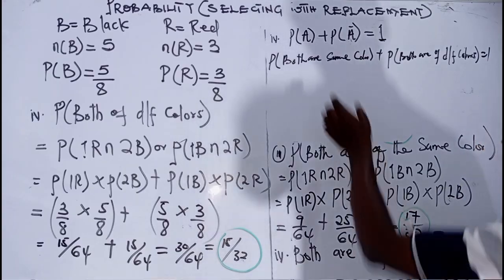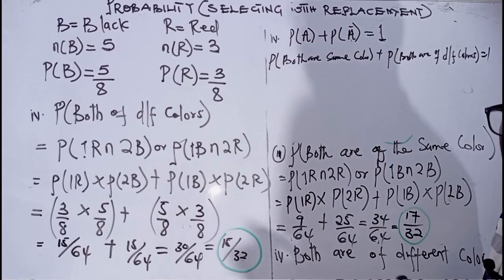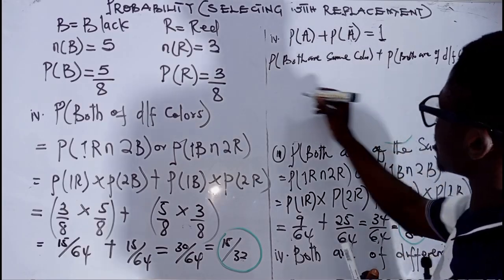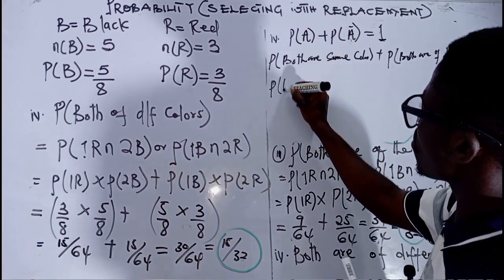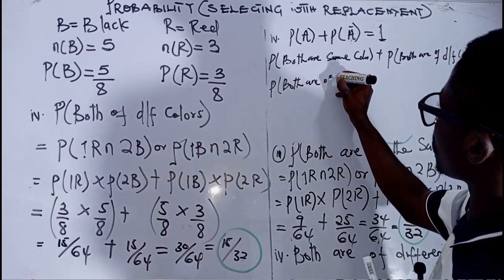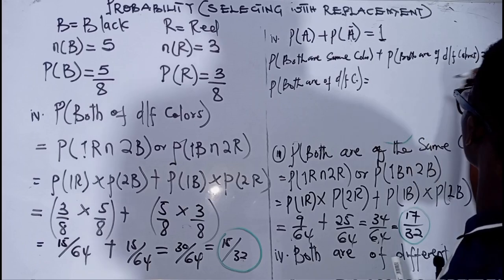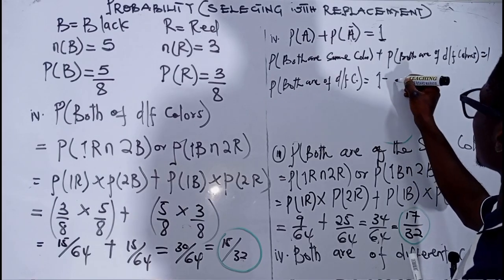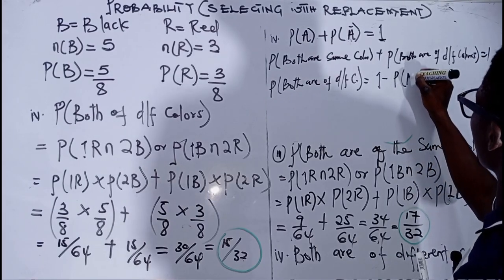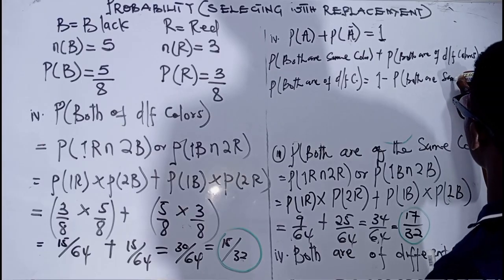So the complement of the same color will give us what? Different colors. So we can say that the probability that both are of different colors is equal to 1 minus the probability that both are of the same color.